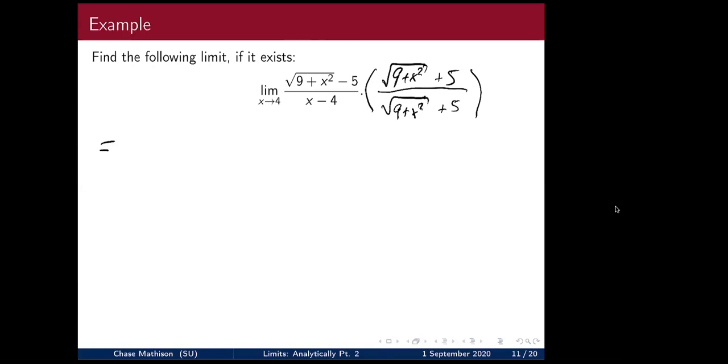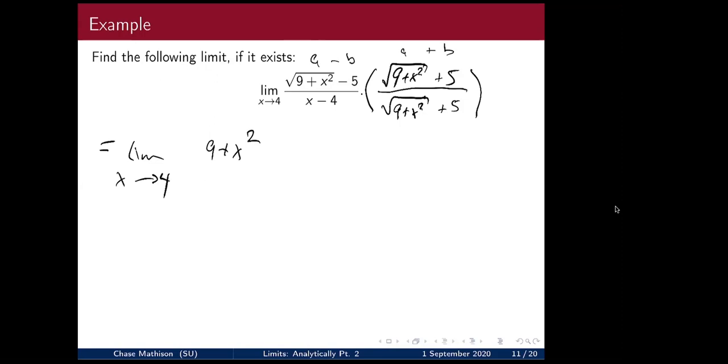Okay, so when I do that multiplication, this is equal to the limit as x approaches 4 of, what do we get in the top? 9 plus x squared. Yes, perfect. We get 9 plus x squared from that first part, because this is a minus b times a plus b, so this is a squared.